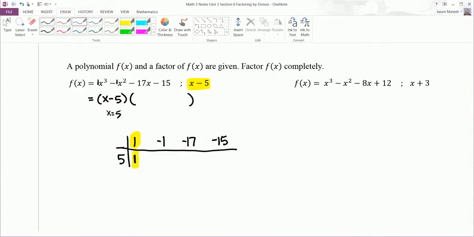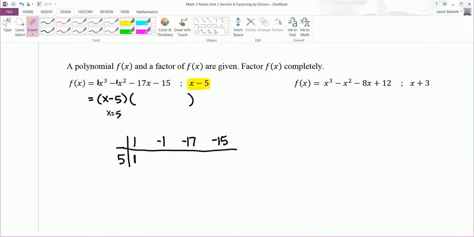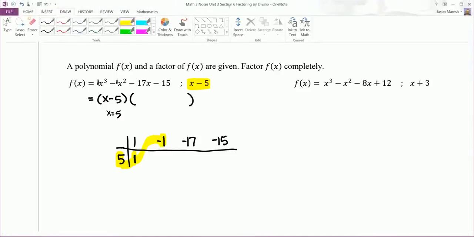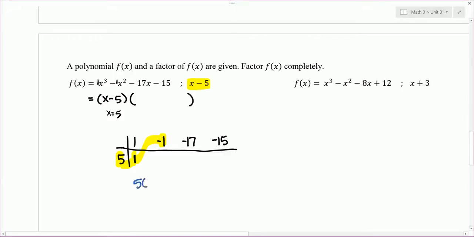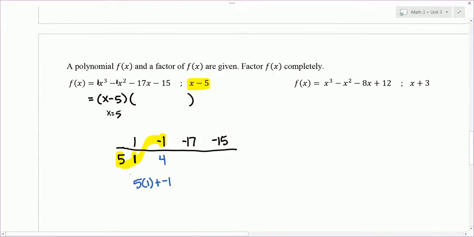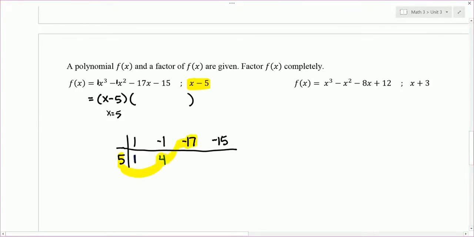And then start your process here where you're going to go 5 times 1 plus negative 1. Five times 1 plus negative 1 is 5 minus 1, which is 4. On to the next part. 5 times 4 minus 17.